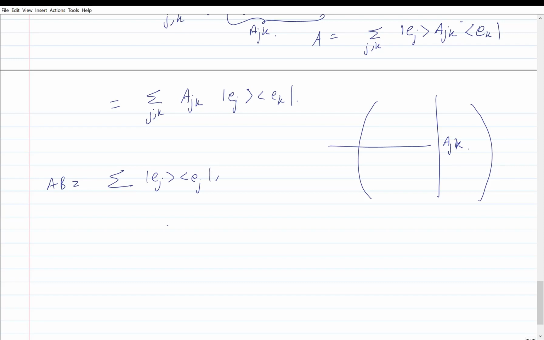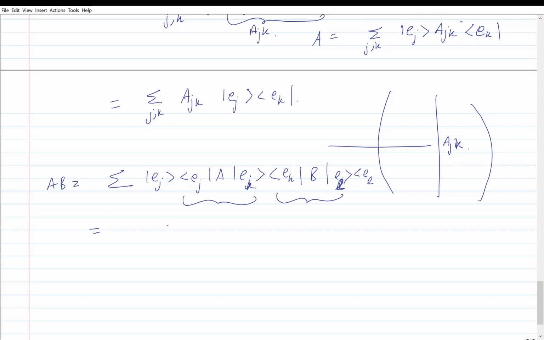Let me insert it over here, A. Then let me insert one identity between A and B. I'll use another index, B, and then I'll use another identity, L. So this turns out to be one matrix element, this turns out to be another matrix element, and this is the outer product.